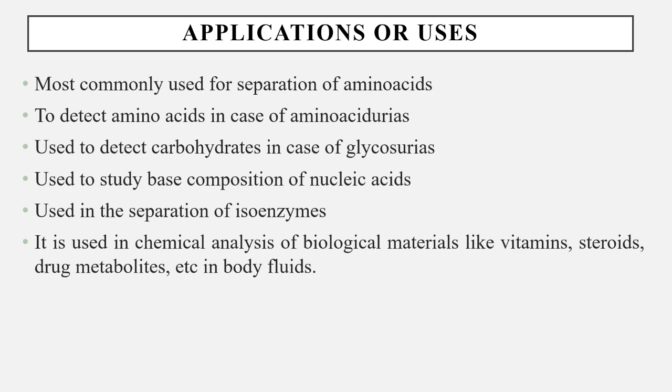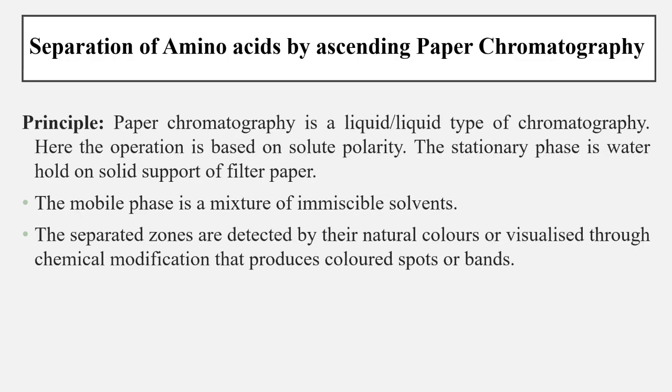Likewise it is used to detect carbohydrates in glycosurias, to study the base composition of nucleic acids, and in separation of isoenzymes. It is used in chemical analysis of biological materials like vitamins, steroids and drug metabolites in body fluids. These are the general applications of chromatography.